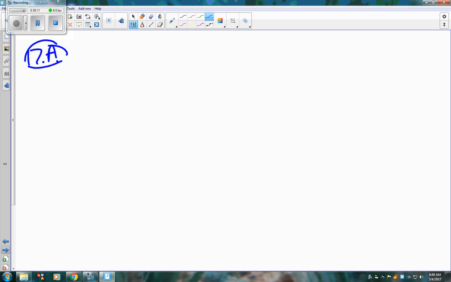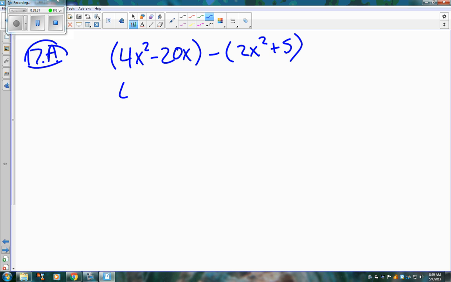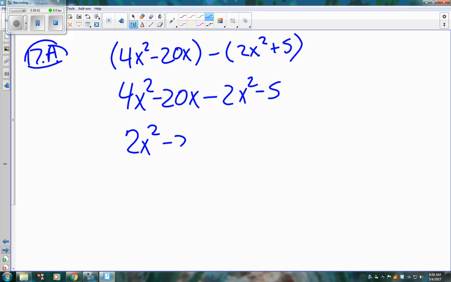So the annual income was 4x squared minus 20x, minus 2x squared plus 5. 4x squared minus 20x minus 2x squared minus 5. So I get 2x squared minus 20x minus 5, which is A.